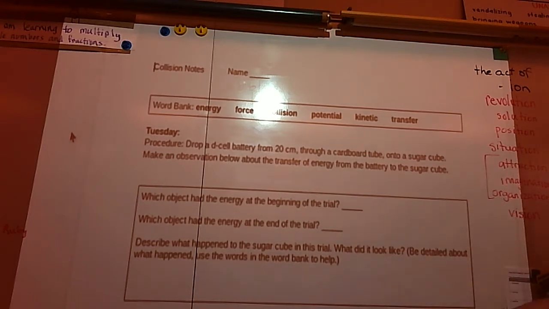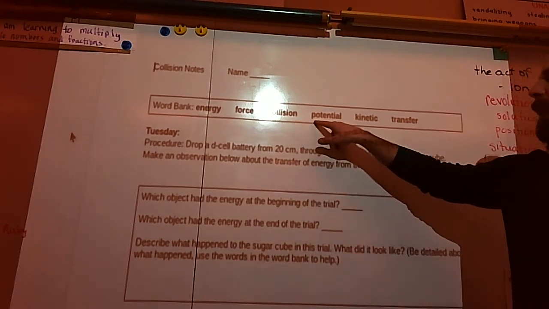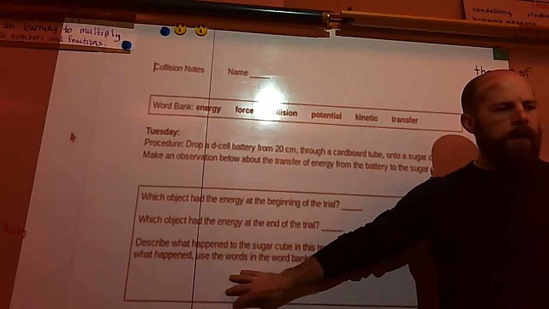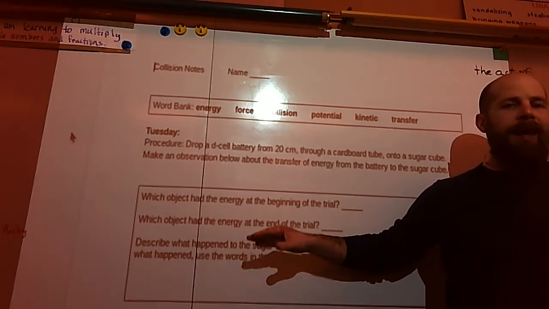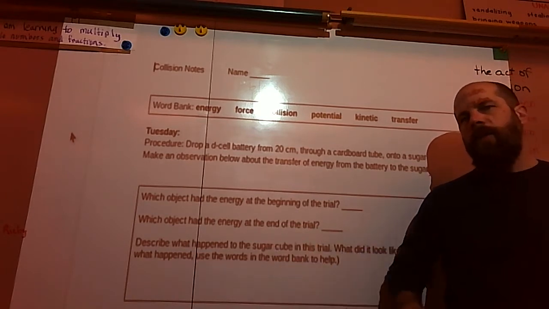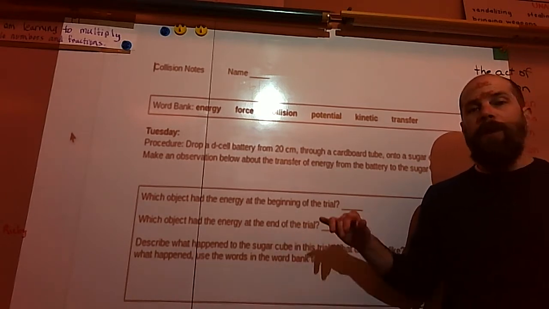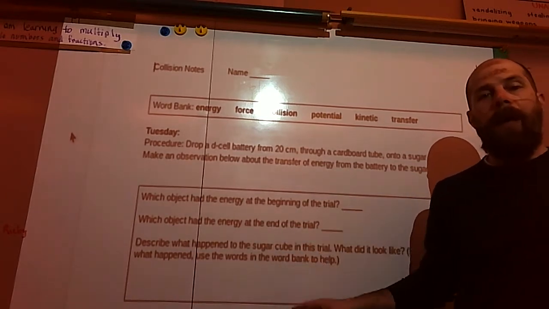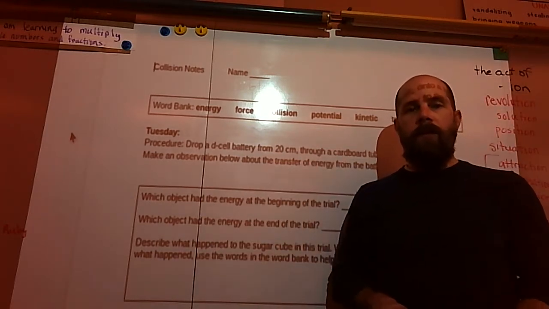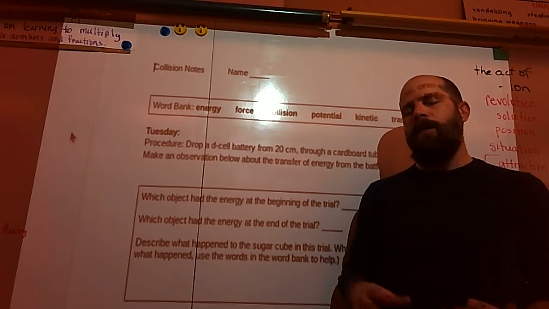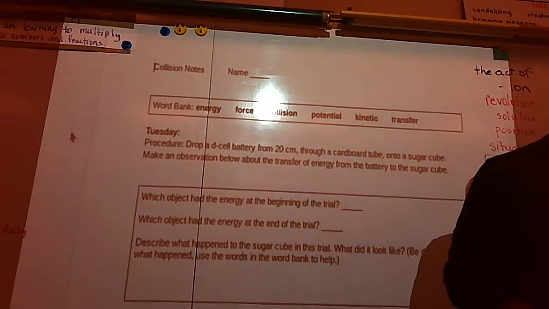Here is where you're going to want to be as detailed as possible. Use the words from the word bank to help you. Think about writing in a sequence, step by step, what happened as you were going through this experience. The more detail you add here, the more it shows me you know this science. That's always better for your grades too.